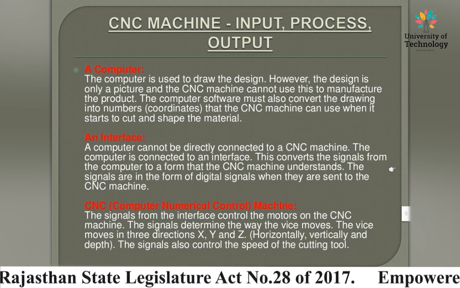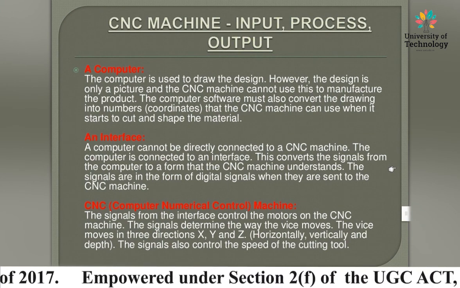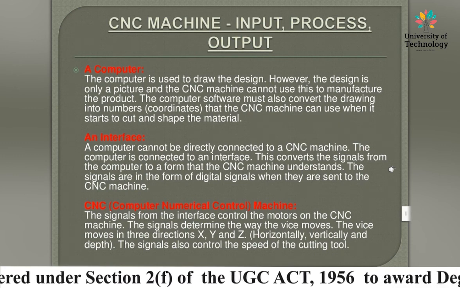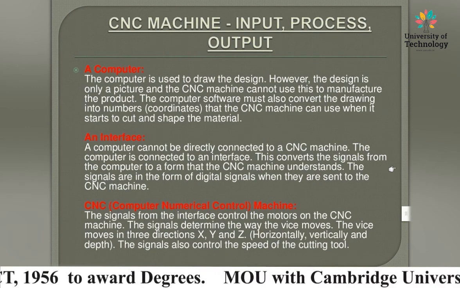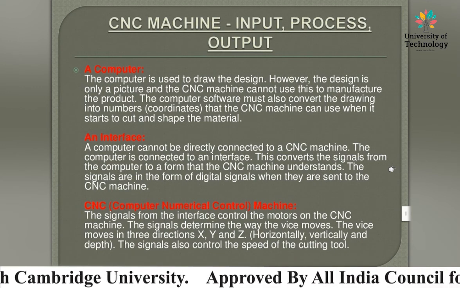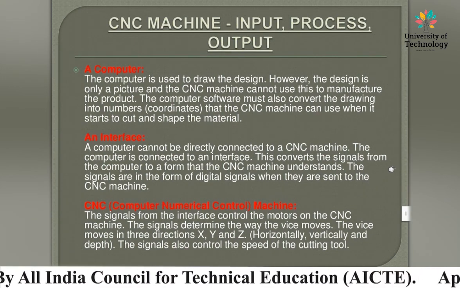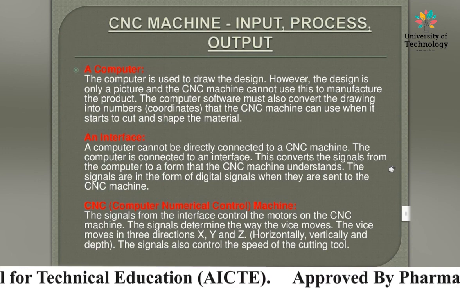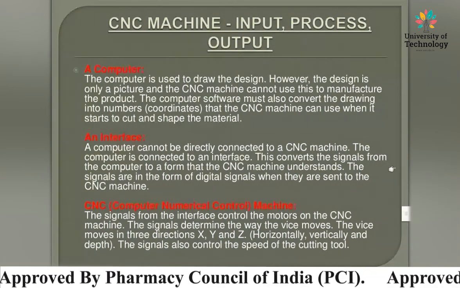The signals from the interface control the motor on the CNC machine. The signals determine the way the vice moves. The vice moves in three directions X, Y, Z: horizontally, vertically, and depth. The signals also control the speed of the cutting tools.